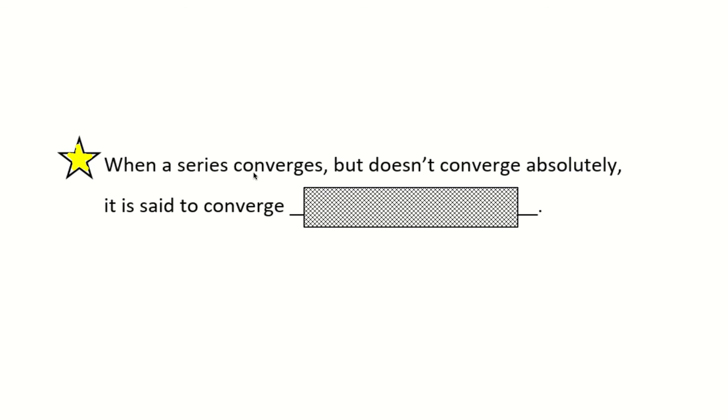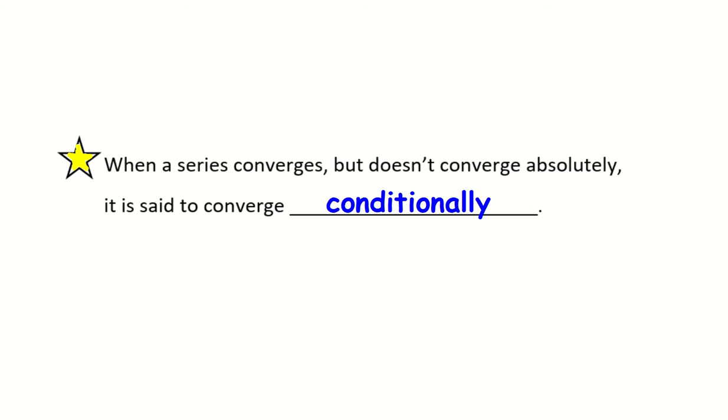When a series converges, but doesn't converge absolutely, it is said to converge conditionally. So write that down.